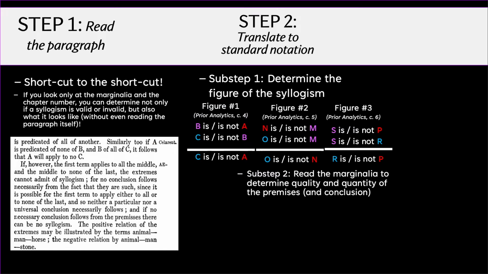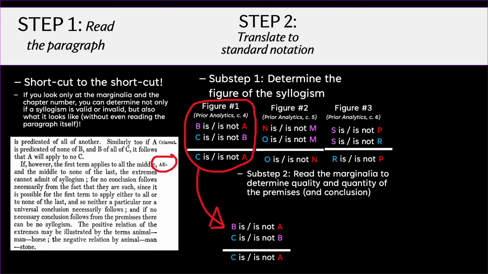Let's look at another example. Now let's go beneath Celarent to the next paragraph where we find in the marginalia AE dash. Now, once again, we're reading something from chapter 4, and so we know we're dealing with a first figure syllogism. That already tells us quite a bit about what this syllogism is going to look like.